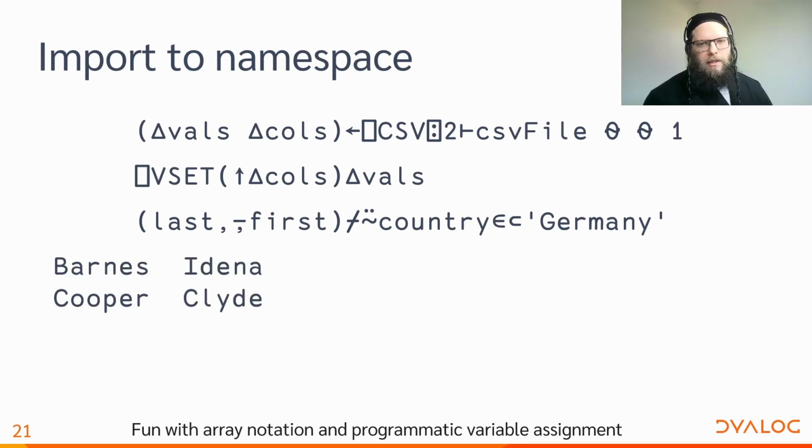So you see that by importing to a namespace, in this case there's no mention of any namespace. That's because quad VSET was called monadically, so it just sets it in the current namespace. We don't need to do any references. So once we have everything in the namespace as variables, 1 variable per column, things become very nice.